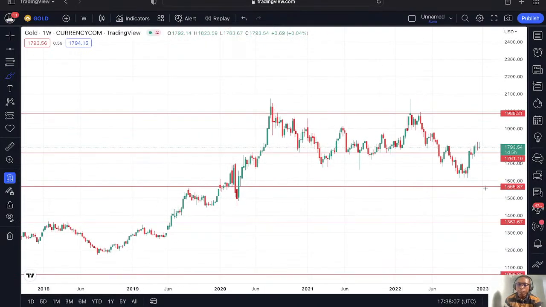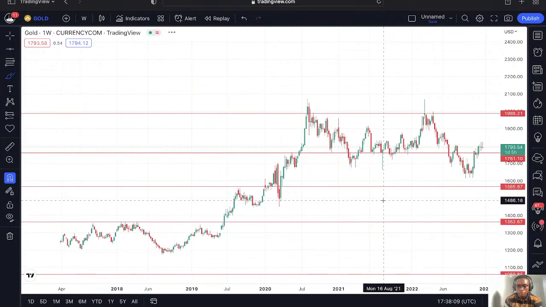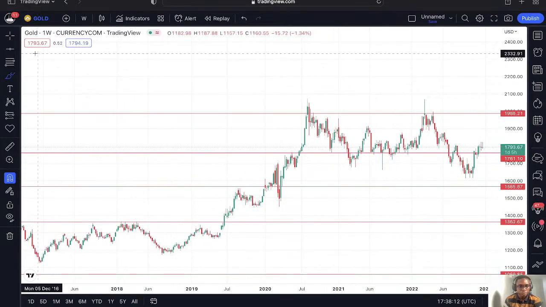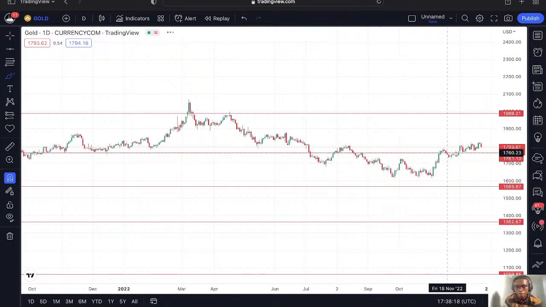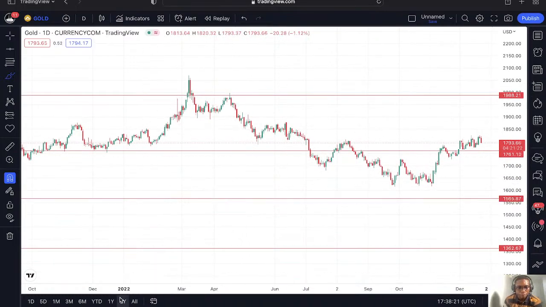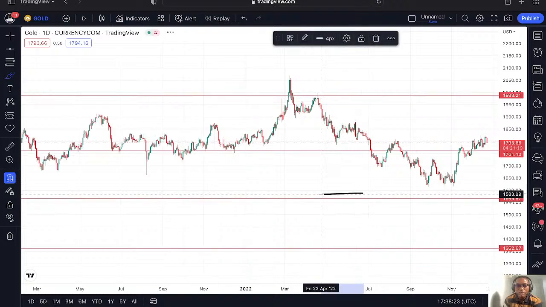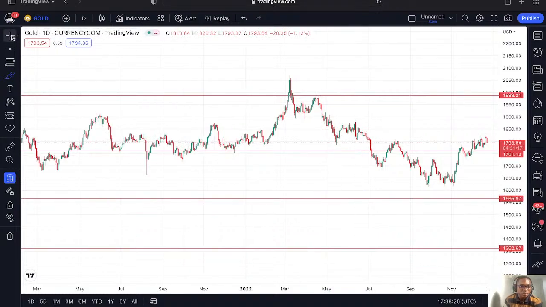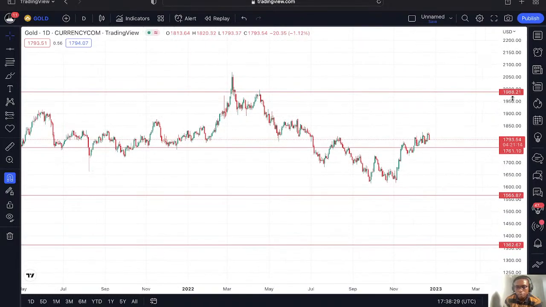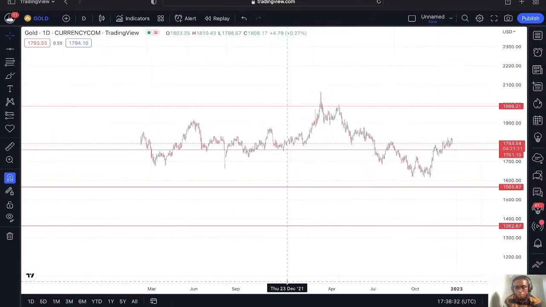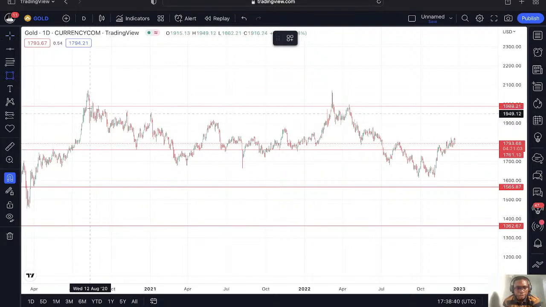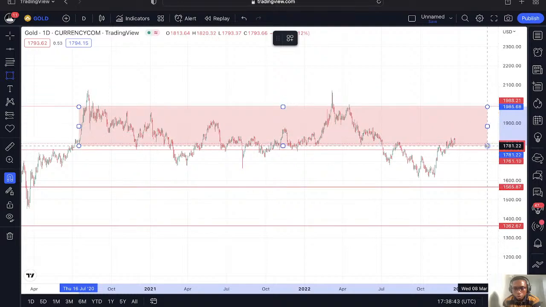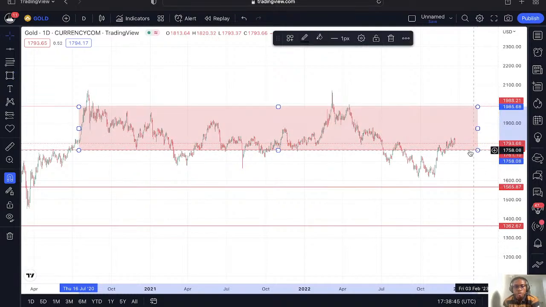Okay, sorry. So let's look at the daily time frame. What is the daily time frame saying? So you already see that gold has broken into this range.